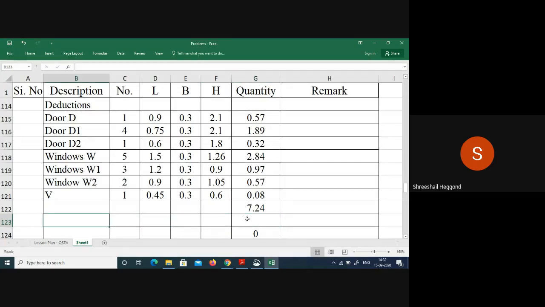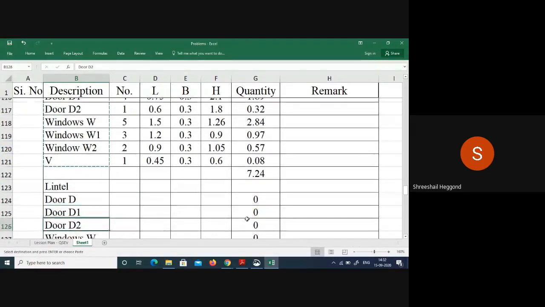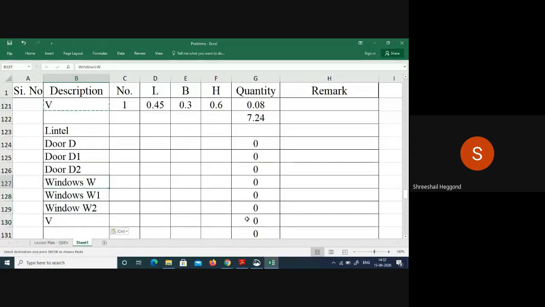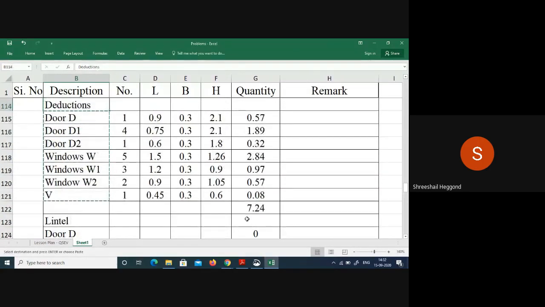Still, we have lintel. Lintel we have considered 10 centimeter on each side extra. Whatever lengths are there, that will be added by 10 centimeter.